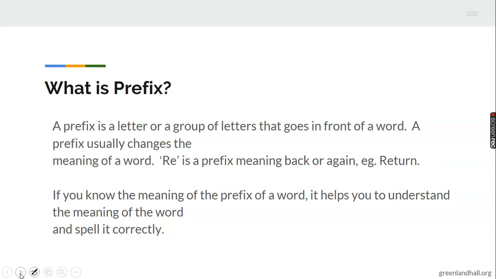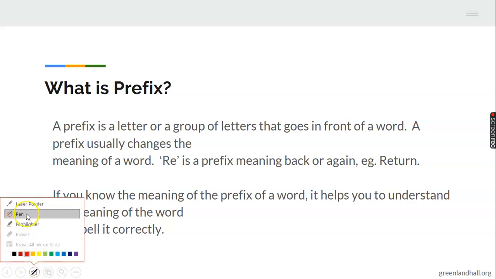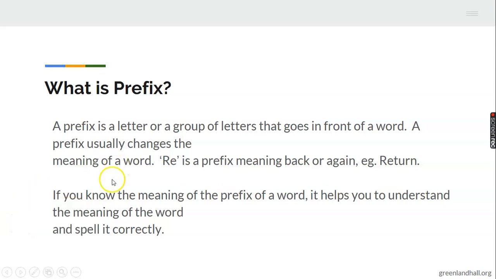Now for the day, what is a prefix? A prefix is a letter or a group of letters. What does it do? It goes in front of a word.